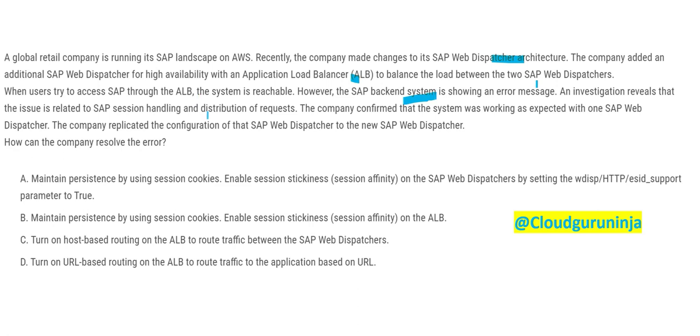So people are investigating that, and they came to know that the issue is related to session handling. The company confirmed the system was working as expected with one. So when they were using one web dispatcher, everything was fine. But when they switched to two web dispatchers along with ALB, their backend is having a problem. It is giving error.